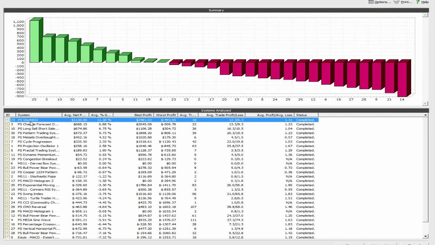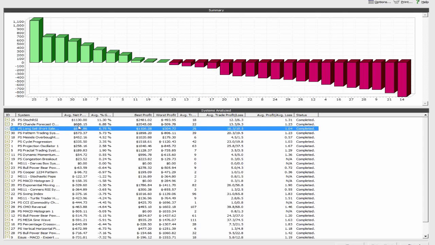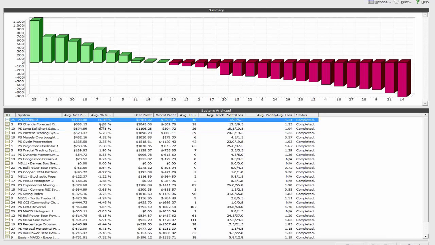In this case, the systems that I'd give particular scrutiny to are the Stochastic RSI, the Shandy Forecast Oscillator, and the long term. Out of those 3, just at a quick glance, I like Stochastic RSI. It made more money and it worked less, 18 trades instead of 22 or 26. So that's probably the system I would look at a little bit closer. So let me go ahead and do that.